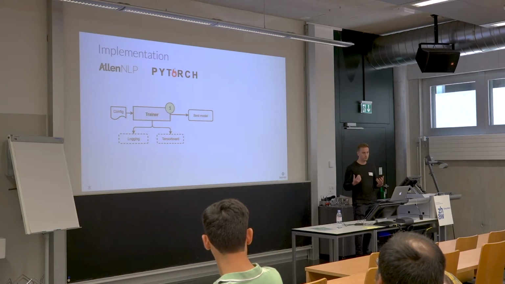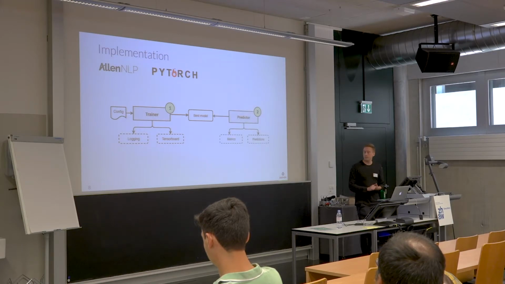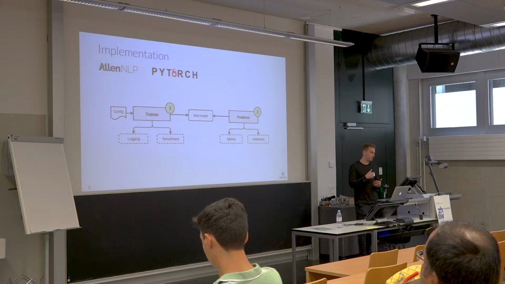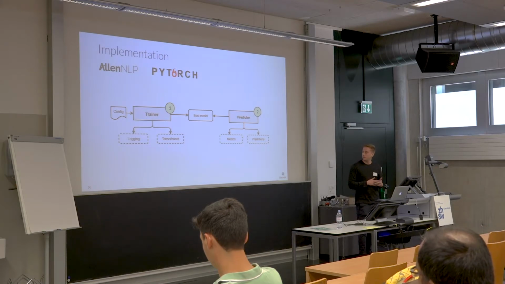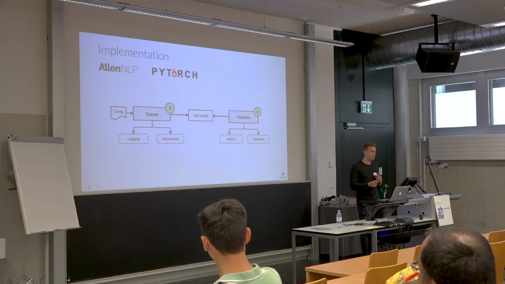In our case, it's just the lowest negative log likelihood, and we keep this model to use it in the second step, during inference or testing, with the predictor to create actual summaries or metrics like the ROUGE score. That turned out to be pretty useful to compare different experiments during my master thesis and now as well, since we could just change the data set to a German data set and use the rest out of the box.